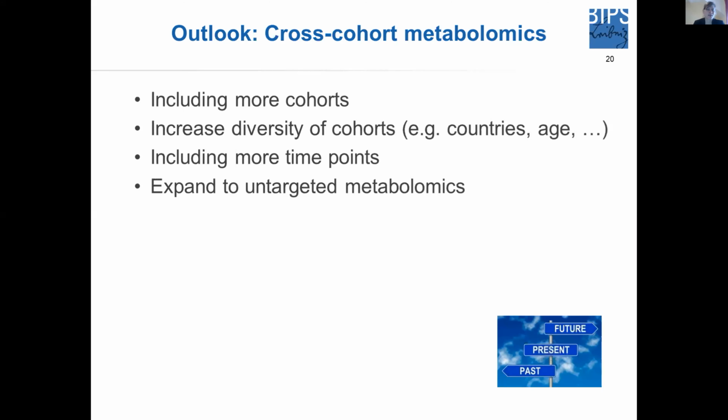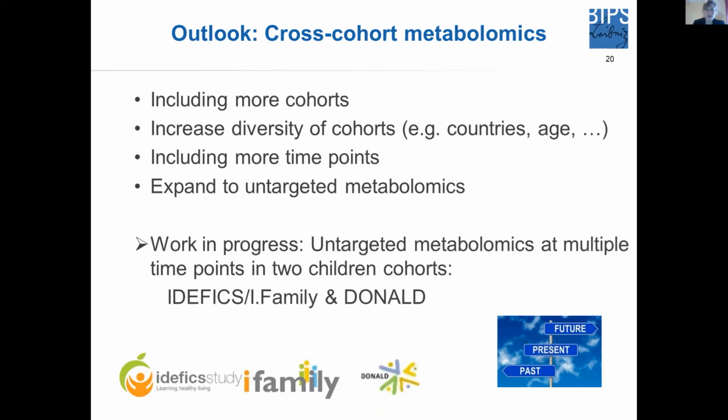Usually you have only one time point in these cohorts, and this is always only a snapshot. It would be great to include more time points for each participant, and also eventually to expand this to untargeted metabolomics. But I think this will be really challenging. And we are addressing all these things right now in an ongoing work.